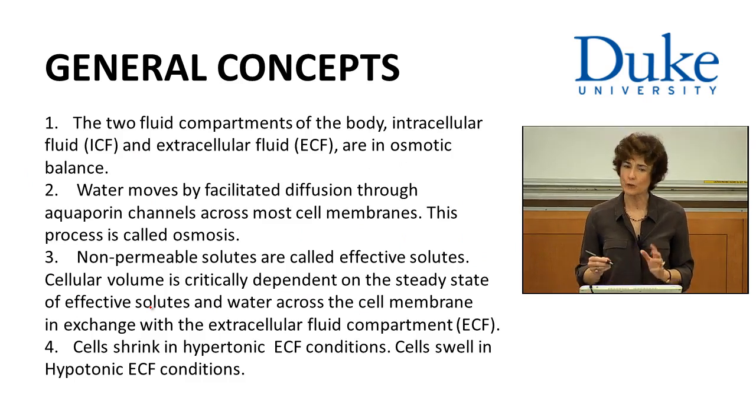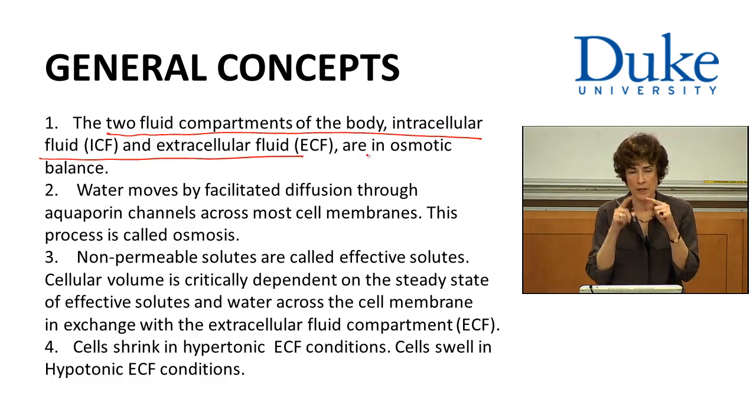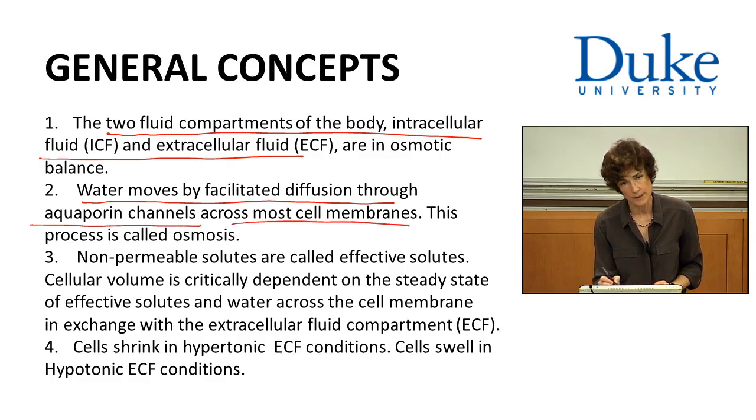All right, so what are our general concepts? The first is we have two fluid compartments of the body. We have the intracellular fluid and we have the extracellular fluid, and these are in osmotic balance. The second one is that water moves by facilitated diffusion through aquaporin channels across most cell membranes, and this process is called osmosis.